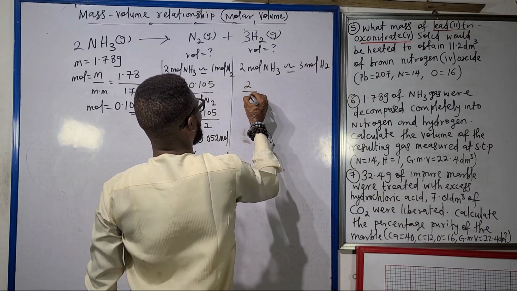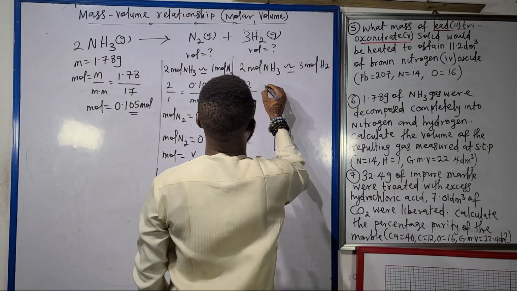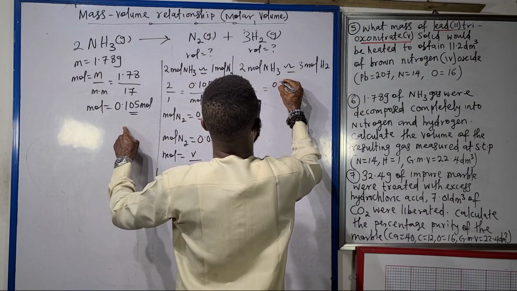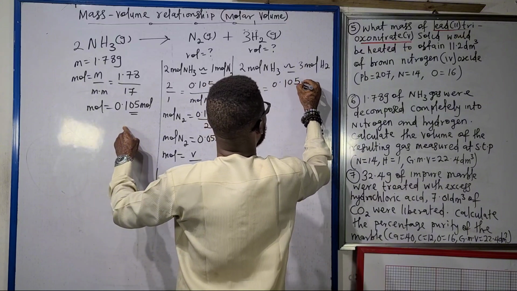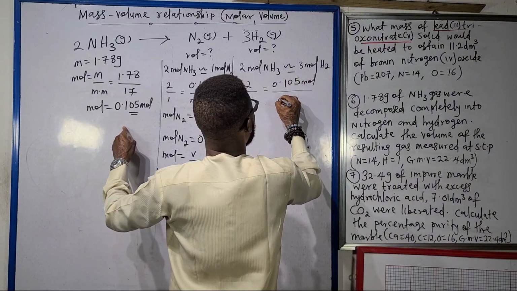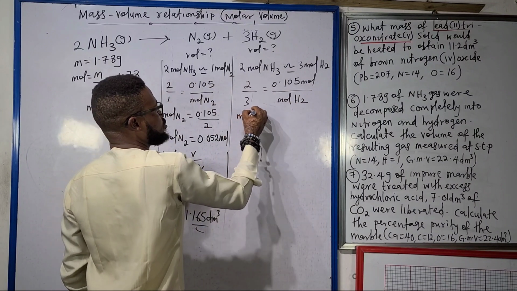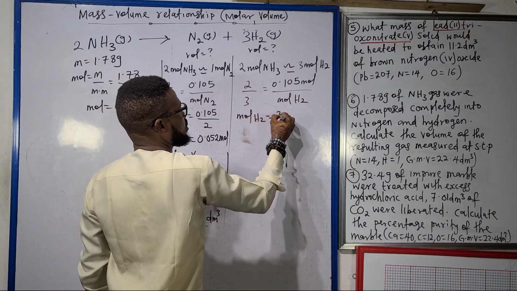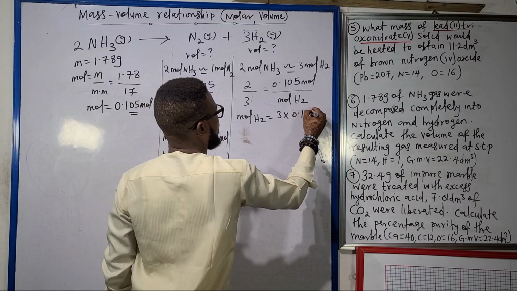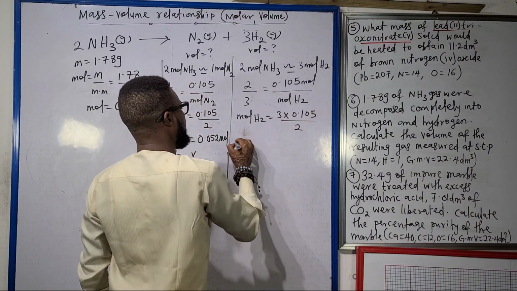So in this case, 2 over 3 will mean 0.105 mole divided by the mole of hydrogen gas. So mole of hydrogen gas is going to be 3 times 0.105 divided by 2.